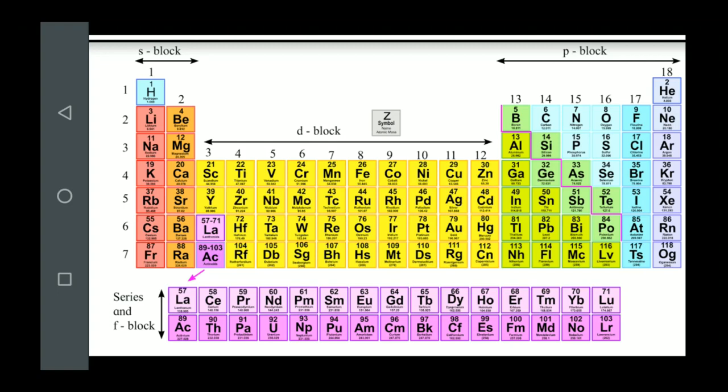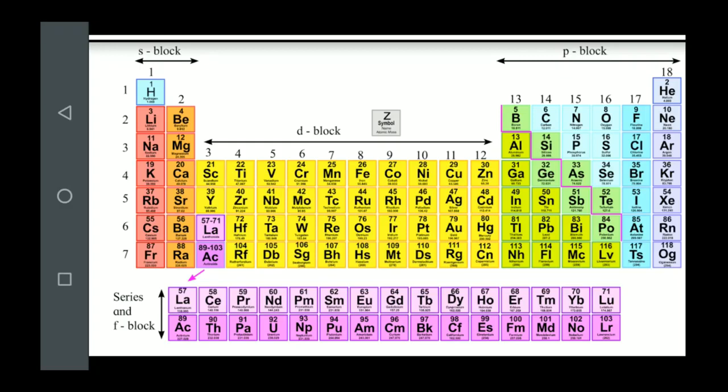Since in these 14 plus 14, altogether 28 elements, the differentiating electrons are entering into the f orbital, that is why they are called f block elements, and they have been given a new position in the periodic table. This is just to maintain the symmetry of the periodic table. Now the 28 elements which form the f block are divided into two series.